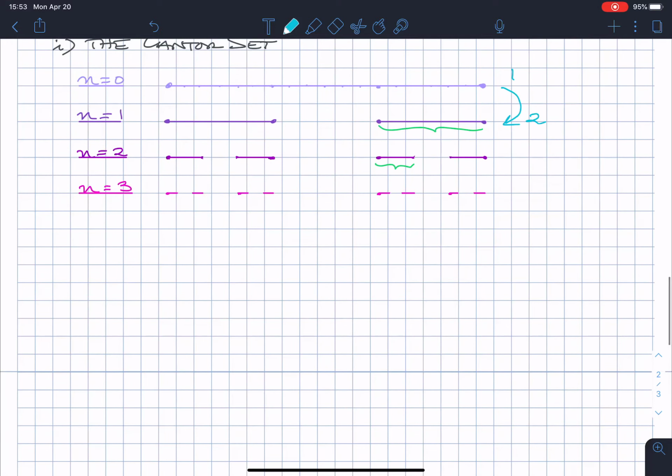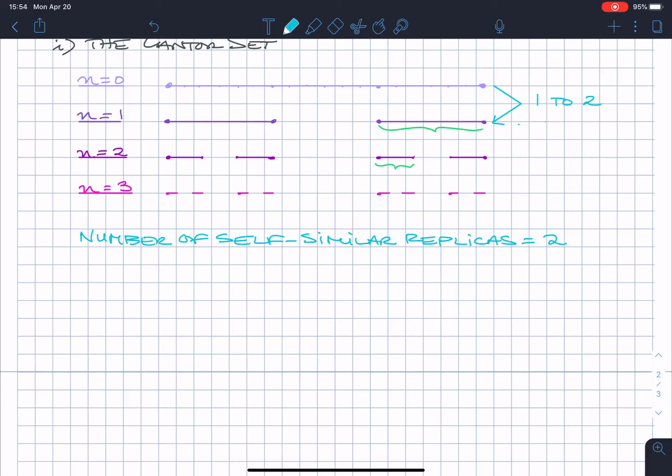So let me write that formally. One, two, two. Okay, so I have the number of self-similar replicas is equal to 2, right?